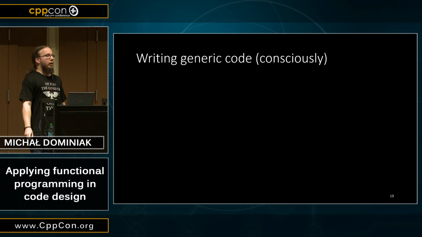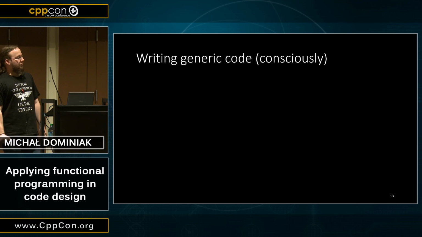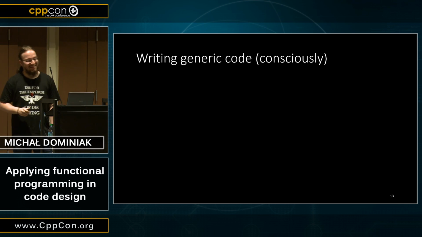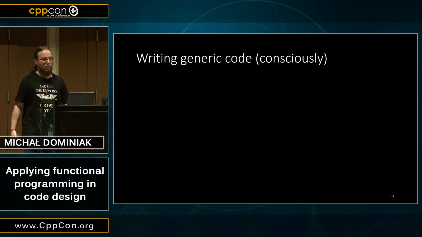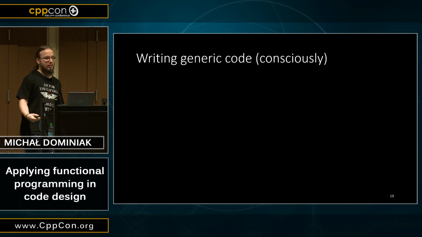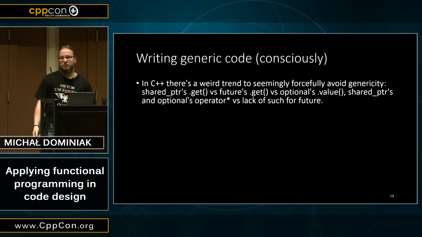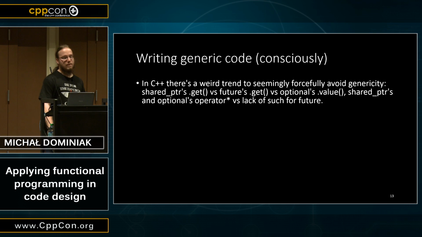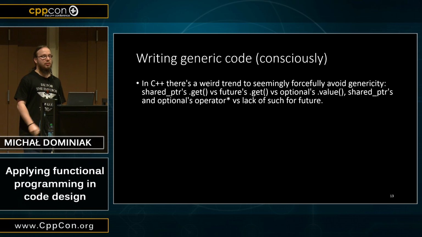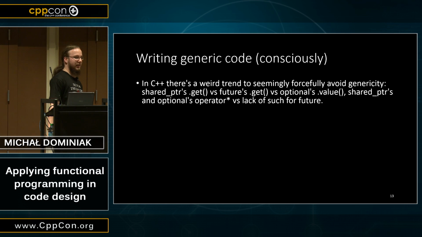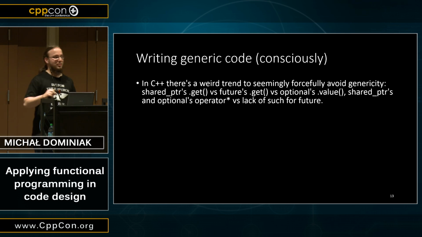Okay, so we want to write generic code. And we want to know what we are doing. We want to do that for a reason, not accidentally. And C++ has this weird thing where different elements of the library, different features, look like they've been designed to be incompatible with each other by design.